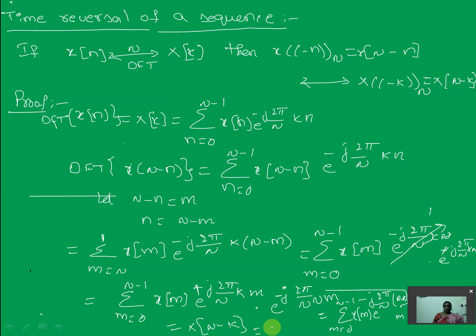N minus k. That's why this is nothing but x of N minus k. We can also write it like this, x of minus k modulo N. In this way you can prove the time reversal property.